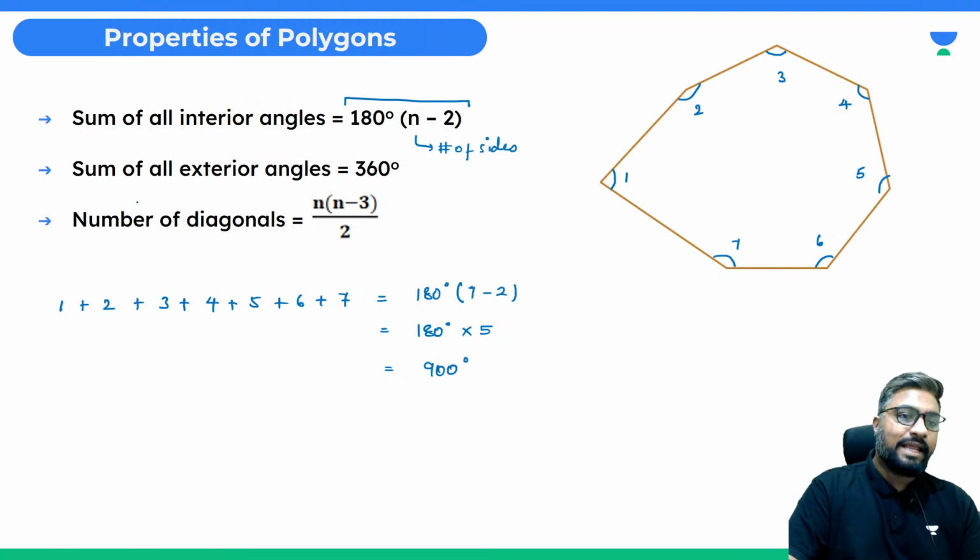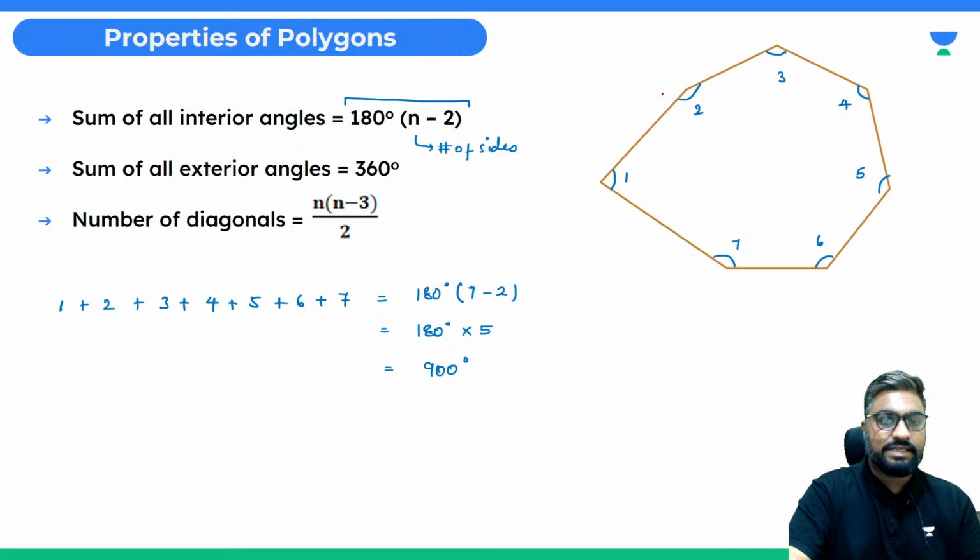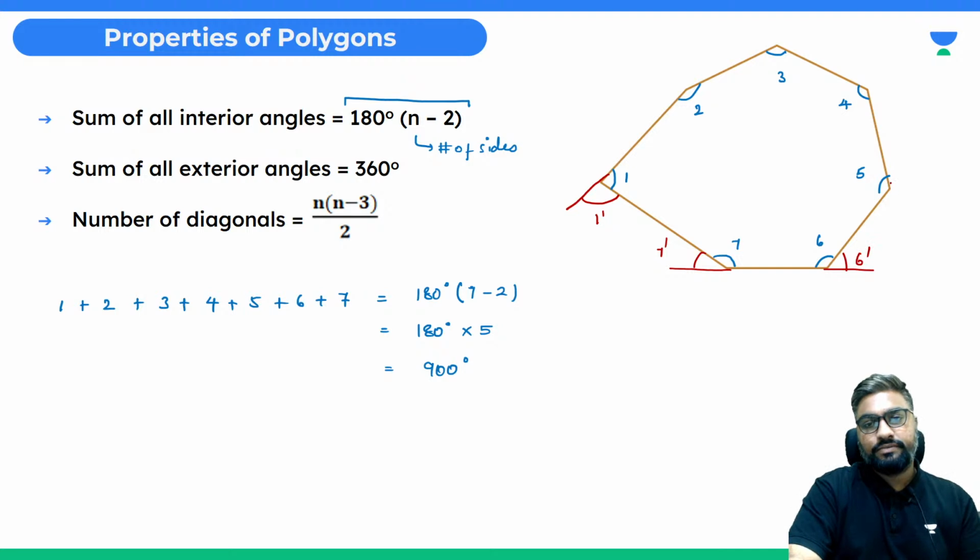Okay. Next, the sum of all the exterior angles is always equal to 360 degrees. Exterior angles would be what? If you extend a particular side, then this angle 1 dash. Let's say I'm extending this side, this angle 7 dash, 6 dash, 5 dash, 4 dash, 3 dash and let's say 2 dash.